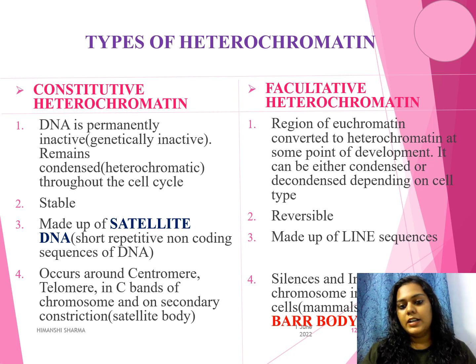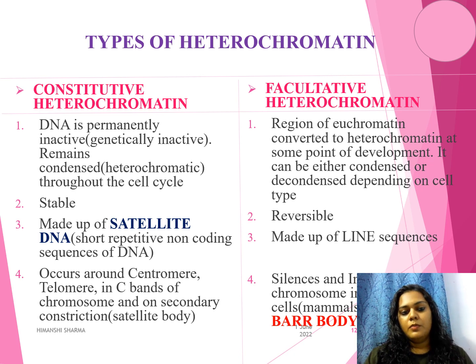Whereas in facultative heterochromatin, a region of euchromatin sometimes gets converted into heterochromatin at some point of development, and it can be either condensed or decondensed depending on the cell type. So constitutive heterochromatin is more stable, as compared to facultative, which is reversible and can be converted into euchromatin again.